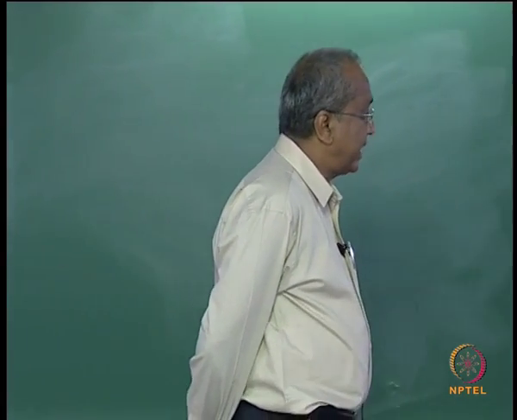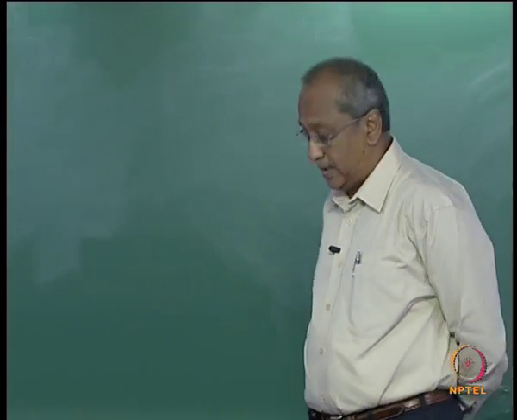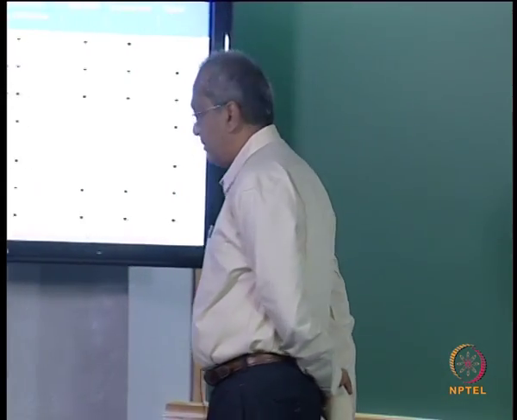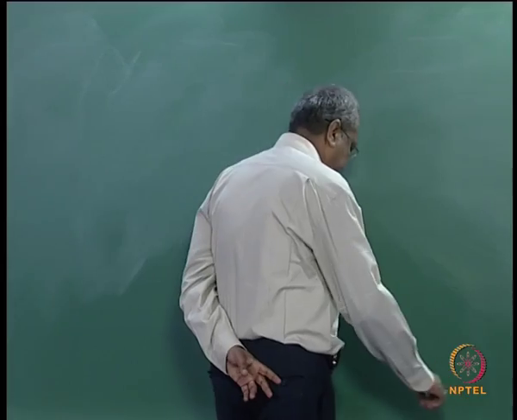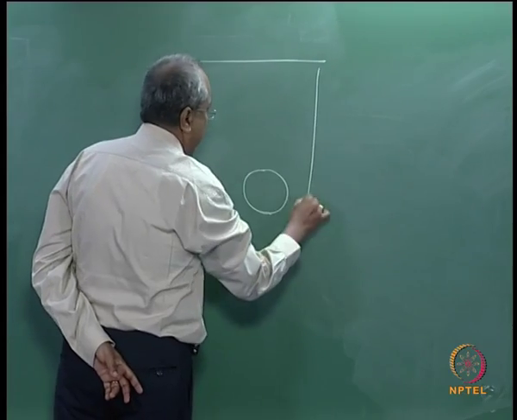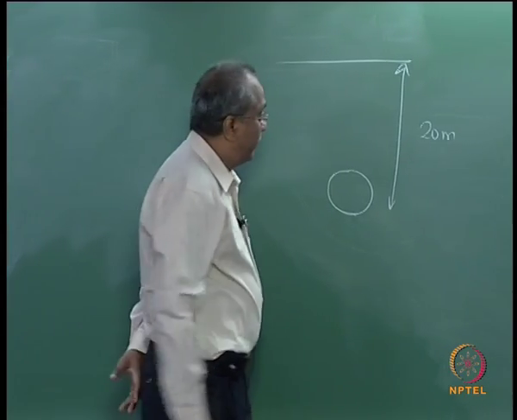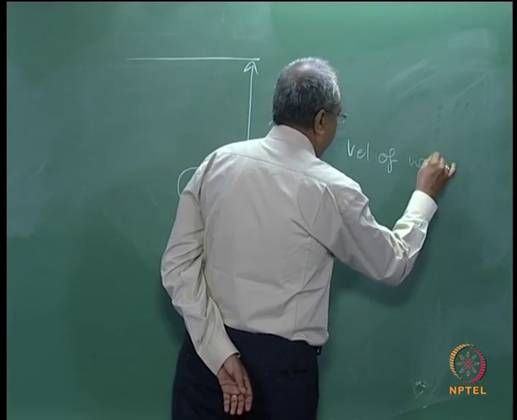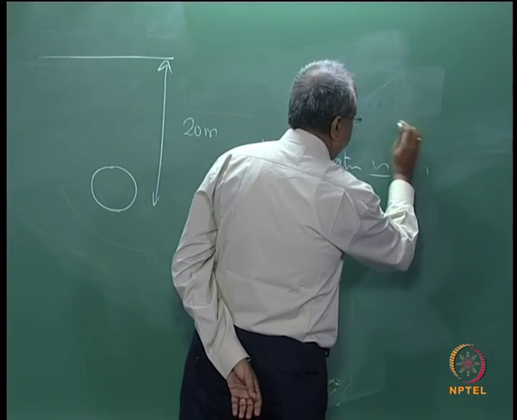Then mattress can be for pipelines. In fact, mattress is widely used for pipelines, and we had a very nice experience of lowering a pipeline in a water depth of 20 meters, where the velocity of water was approximately 8 to 10 meters per second.